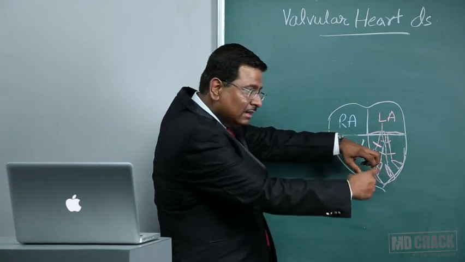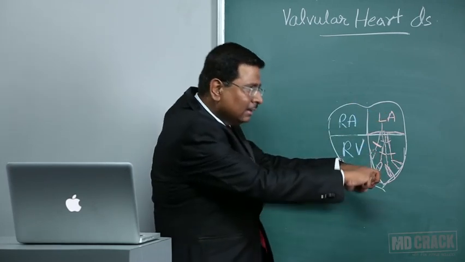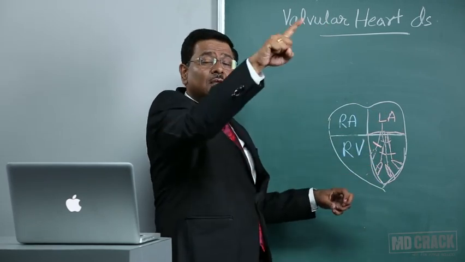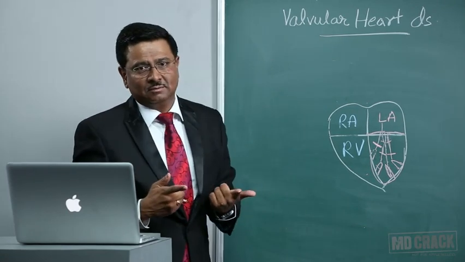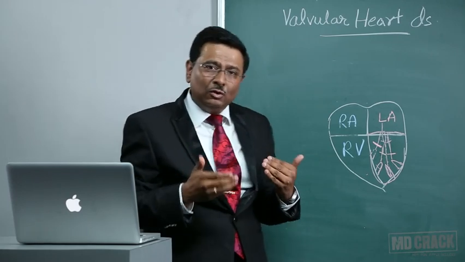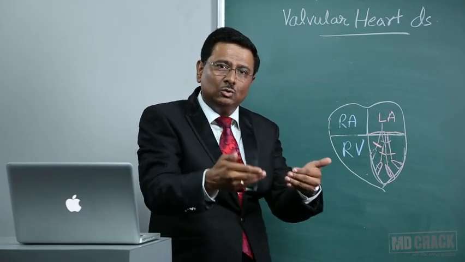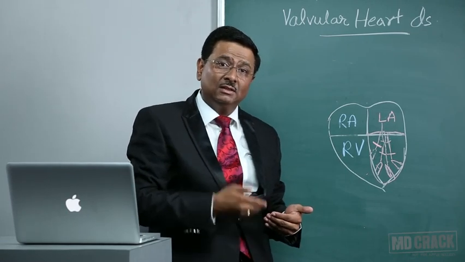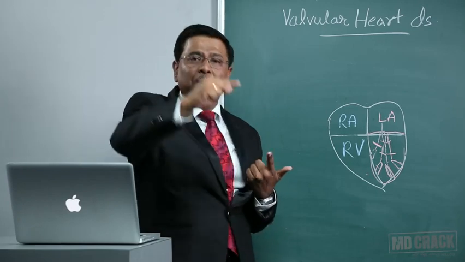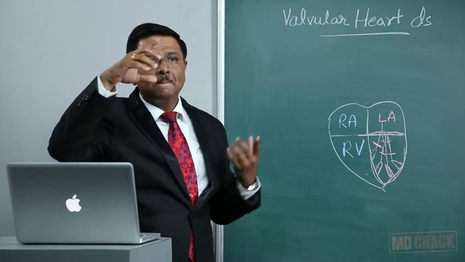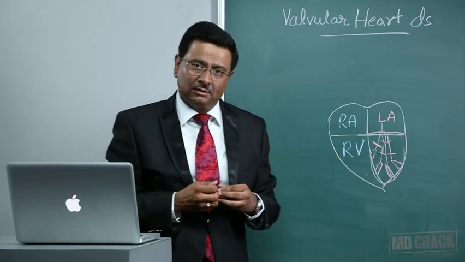So if there is a very delayed peak, means the left ventricle has to contract a lot, and this delayed peak will give you an idea of the severity of the aortic stenosis. So whenever there is an MCQ which asks how you can assess the severity of aortic stenosis, it will not be the intensity, it will not be the depth, it will be the delayed peak which tells you about the severity of aortic stenosis.